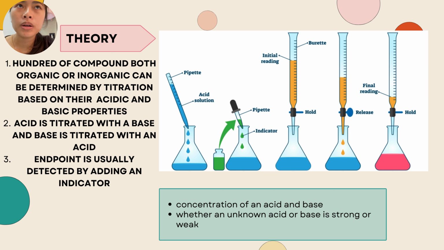Then we will put a few drops of indicator, for example phenolphthalein, to see the changes. The endpoint is usually detected by adding an indicator. From the acid rain titration experiment, we can know the concentration of an acid or base, and whether an acid or base is strong or weak.